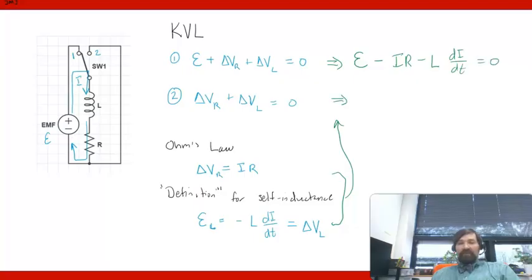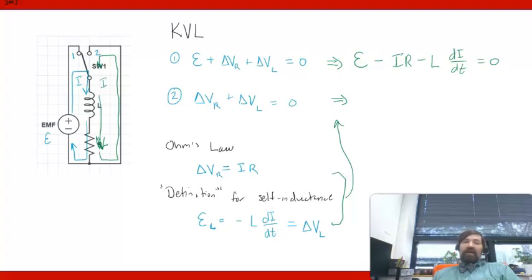And then likewise, if I move the switch to position 2, essentially what ends up happening is the current attempts to sort of continue flowing in this direction through the set, but that actually means that I end up with a current like this.